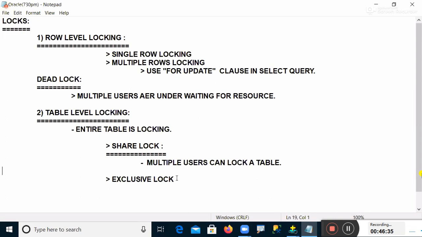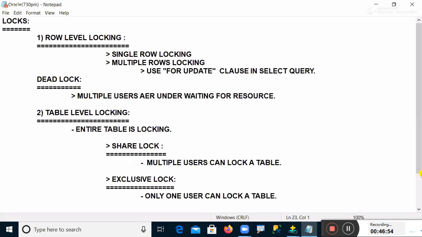Exclusive lock means, simple definition, only one user can lock a table.